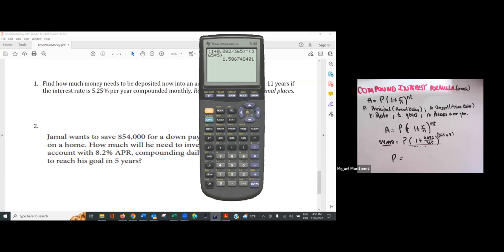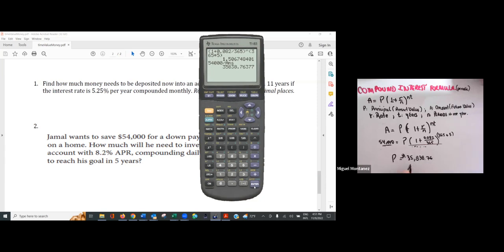P will be equal to, notice folks, in your calculators, the machines maintain the last entry. In my case, it's the second negative. It says ANS, that means answer. So I can just do my $54,000 divided by second answer, which is that number, equals 35,038.76.